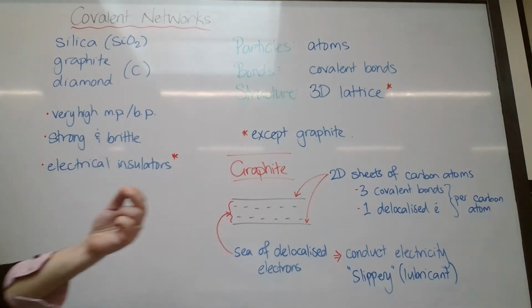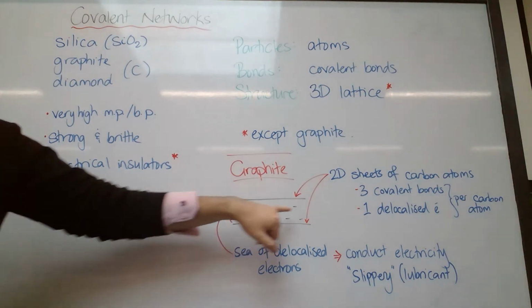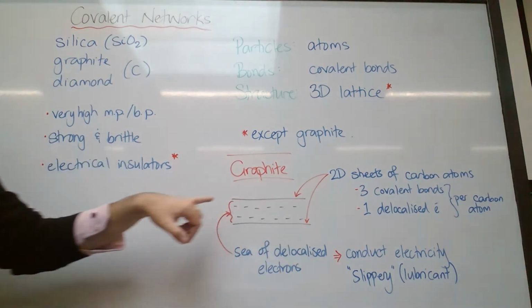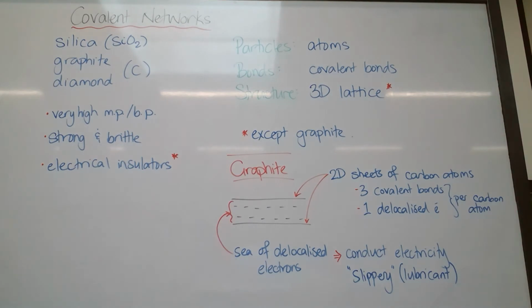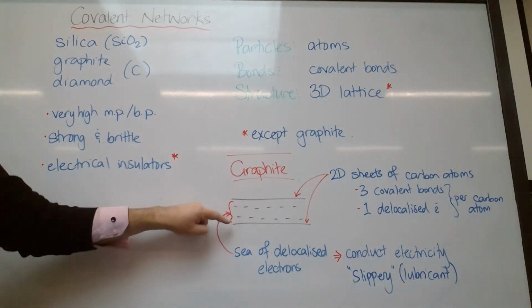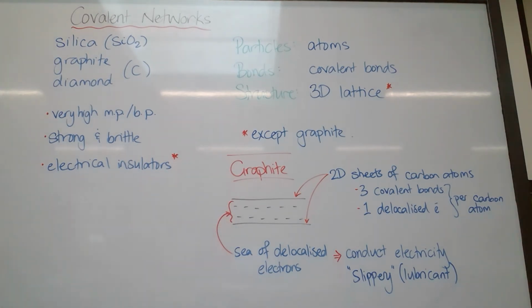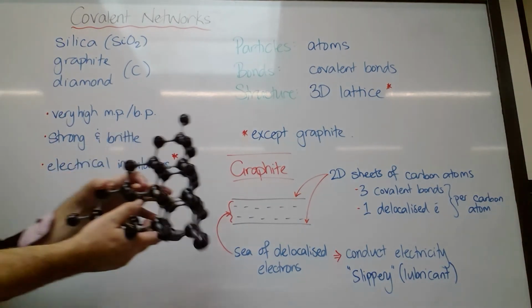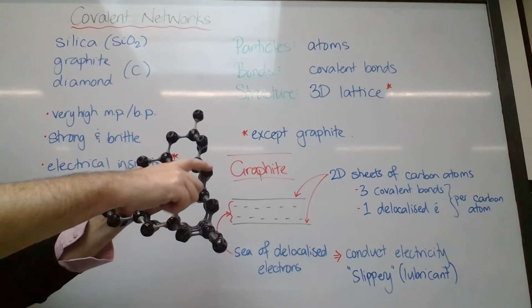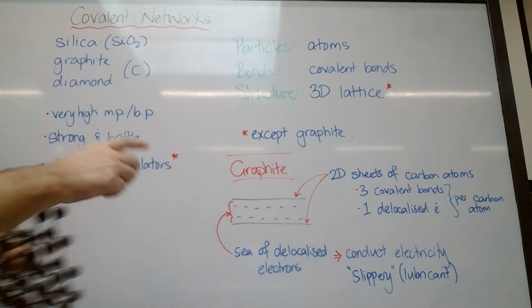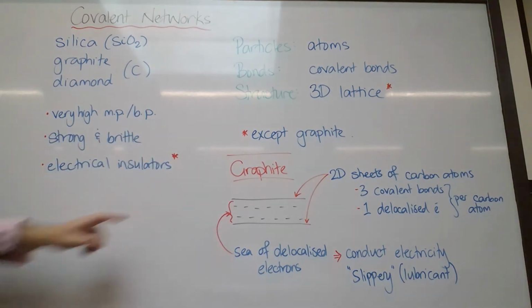They can move, they can flow. So the delocalized electrons can allow for an electrical current to flow. They also give non-directional bonding. So there's no direction in the bonds between sheets at all. Unlike in diamond, where everything's a covalent bond, which is directional, there is no directional bonding between the sheets.